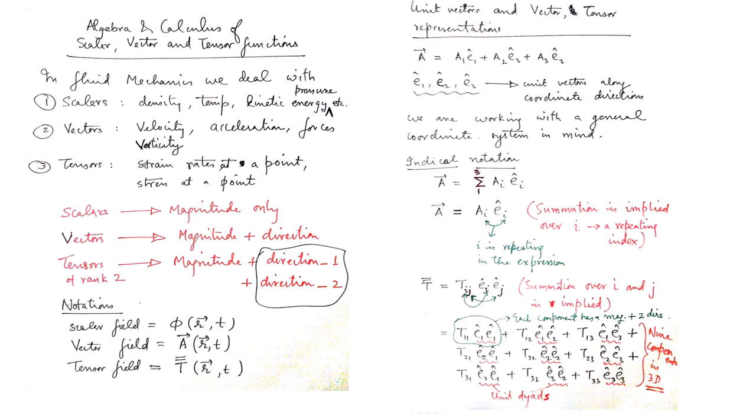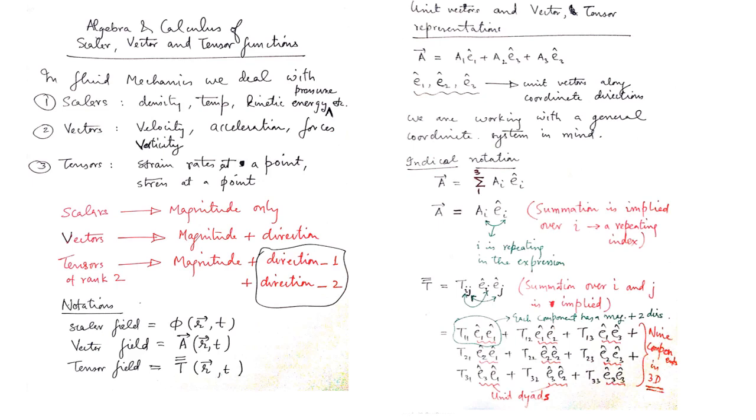Here the magnitude is T_ij, and you have two unit vectors e_i cap, e_j cap, just written without any operation in the middle. These unit vectors don't involve any dot, cross, or addition. There's nothing in between. It's simply a pair of unit vectors e_i cap, e_j cap.